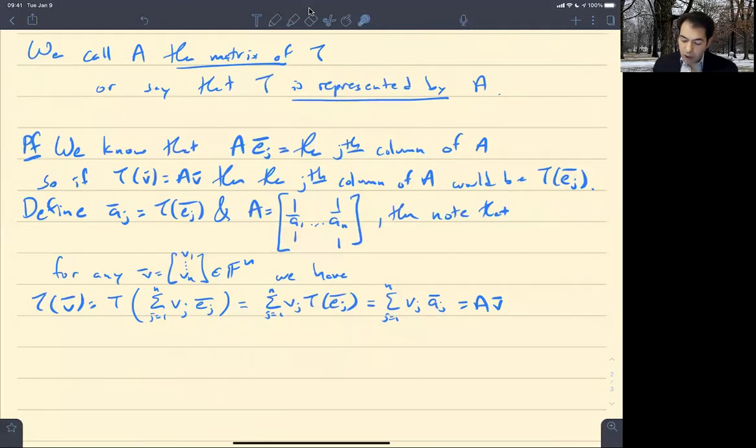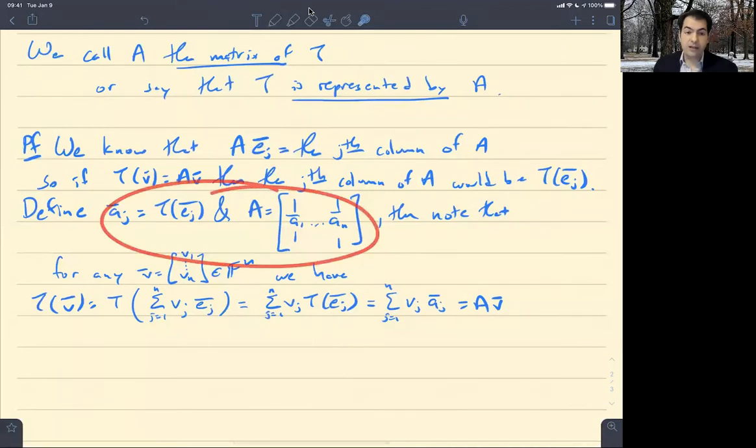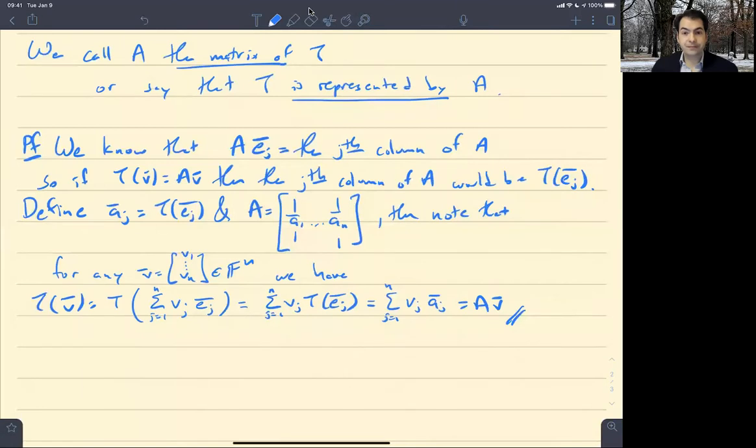We start with an arbitrary vector V, and we've seen that T of V is equal to A times V as long as you define the matrix A in this way. But that's exactly what we needed to show. Okay, so every linear map between Fn and Fm is given by multiplication by a matrix.